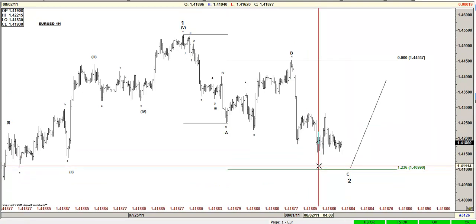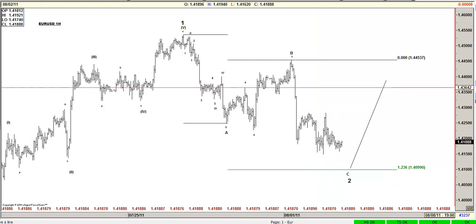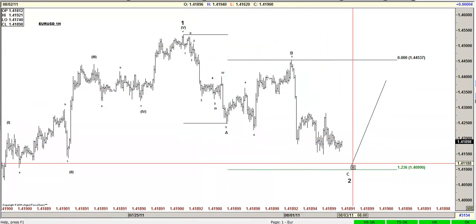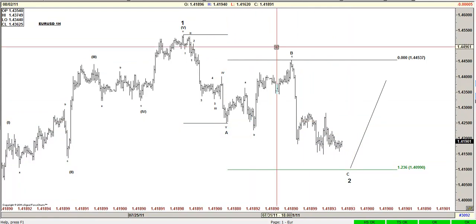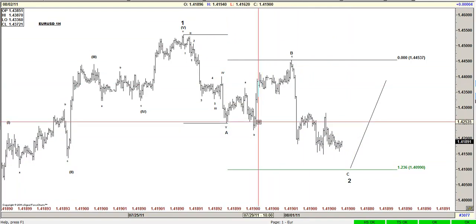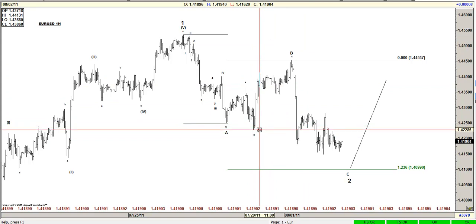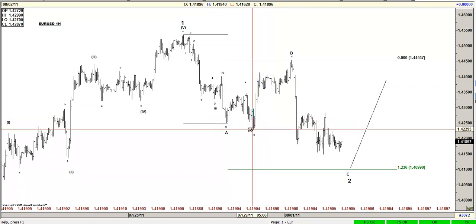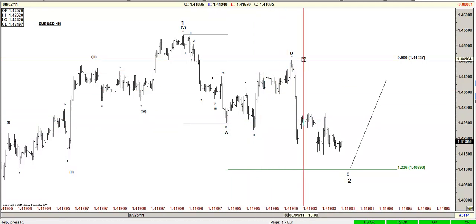Now there are 2 counts that we can see here in the euro. The first one is this one, when you got A, B, and the C in the making, when the B was a flat. But I'm not that much in love with that count, but still it can be the case because of the idea that this is a 3-way move.